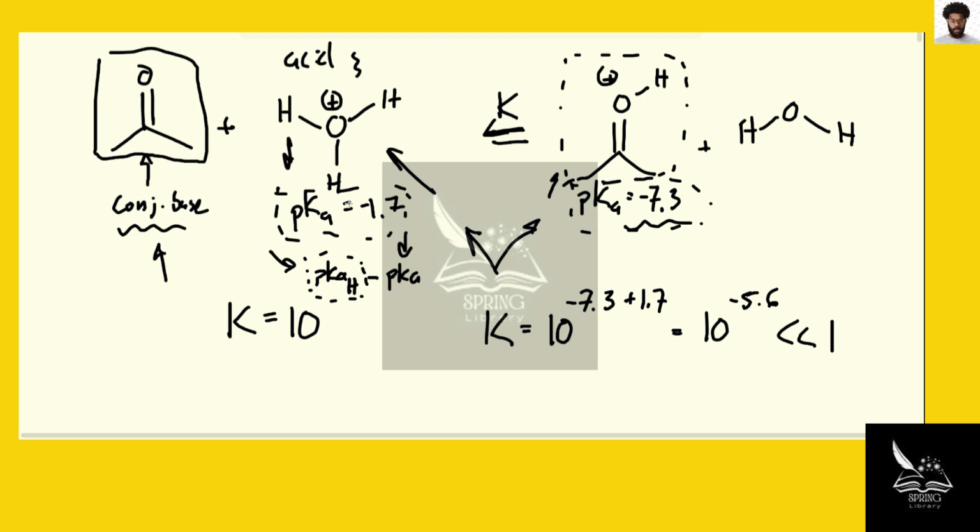It's like saying hydronium's not as acidic as protonated acetone. Therefore, it's more likely that the hydronium will dominate because it's not as acidic. So it makes sense that if we've got to pick between hydronium having a proton or protonated acetone having a proton, we should pick the one that's least acidic or least likely to give up its proton.